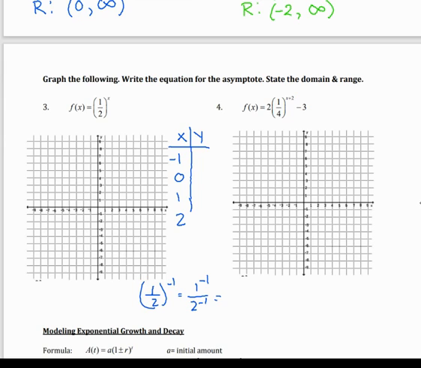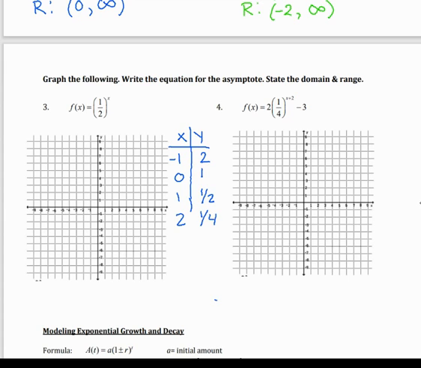So now I need to flip-flop it so that 2 comes up top and 1 on the bottom. So I really get 2 when I plug in a -1. Now 1/2 to the 0, anything to the 0 power is 1. 1/2 to the first is 1/2. And 1/2 squared would be to square both of those, so I get 1/4.